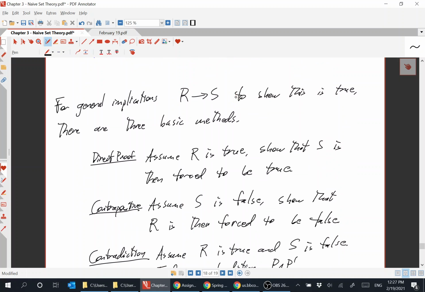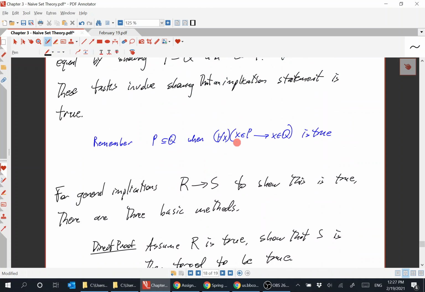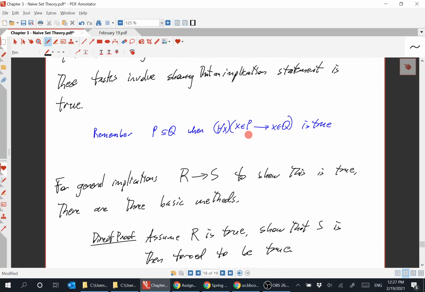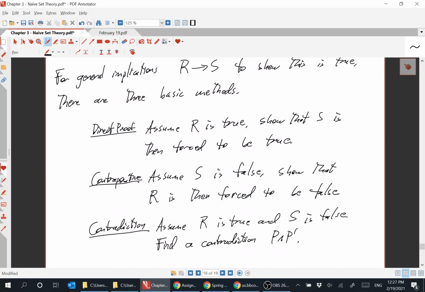So now, for general implications, we've been using what's known as the direct method of proof. Assume X is an element of P, show X is an element of Q. For general implications, and for this type of implication as well, there's also two other types of proof strategies.